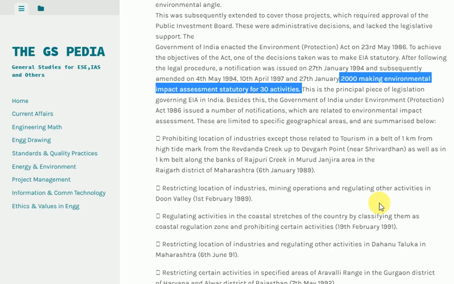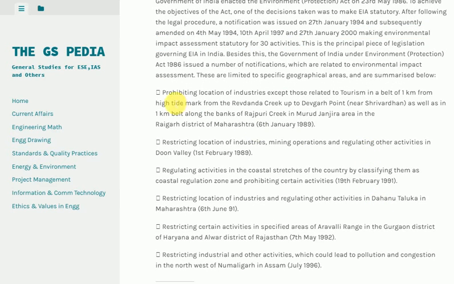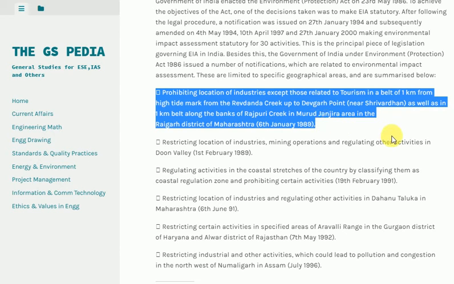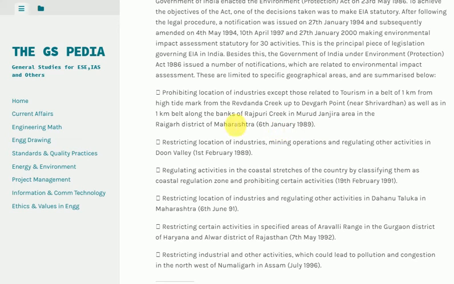Prohibiting location of industries except those related to tourism in a belt of 1 kilometer from the high tide mark from the Radanda Creek up to Devki Point near Srivardhan, as well as in a 1 kilometer belt along the banks of Rajpuri Creek in Murud-Janjira area in the Raigad District of Maharashtra, the 6th of January 1989.